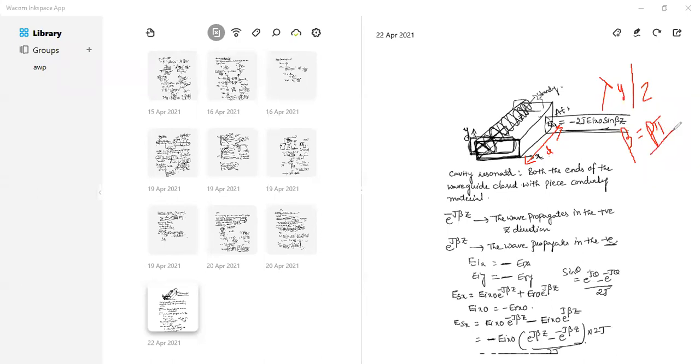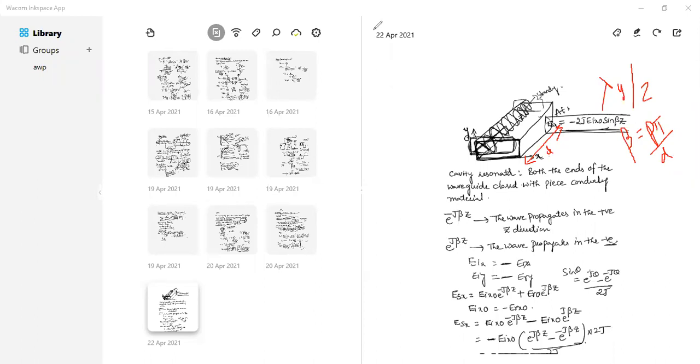You get resonance when the length D is equal to multiples of lambda g by 2, or beta is equal to p pi by D. By using this condition, we'll try to derive the field expressions. As I mentioned earlier, we already derived the field expressions. Simply we are going to substitute in those expressions.